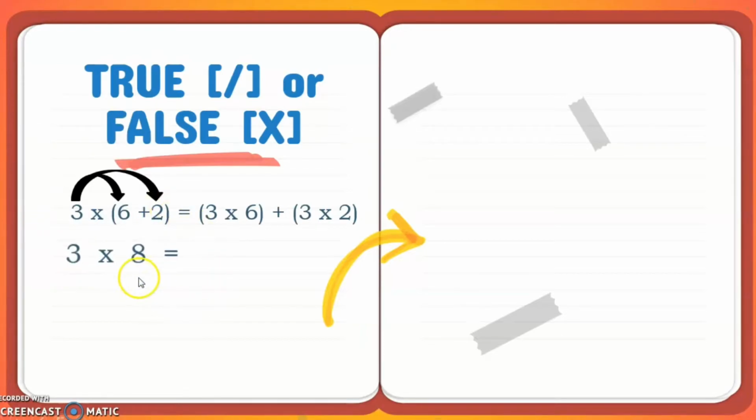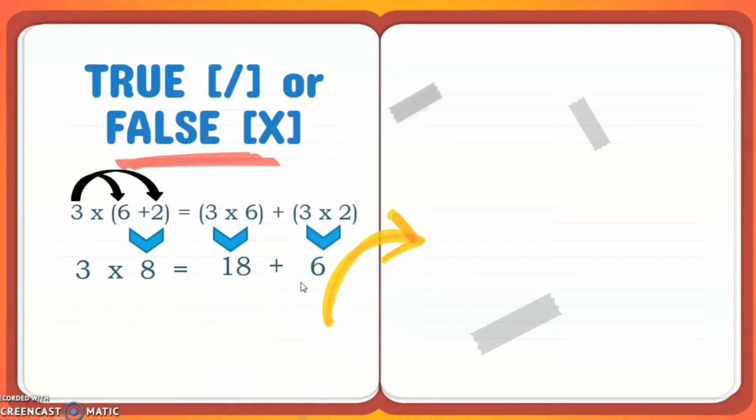So, try natin. So, ito, pag sinimplify natin, inadd natin yung nasa loob ng parenthesis, 6 plus 2 is 8. So, naging 3 times 8 na siya. Sa kabilang side, pag multiply natin yung 3 sa 6, ay 18. Yung 3 sa 2, that is positive 6. Parehas kaya yung magiging answer niya. So, 18, ito ay 6.